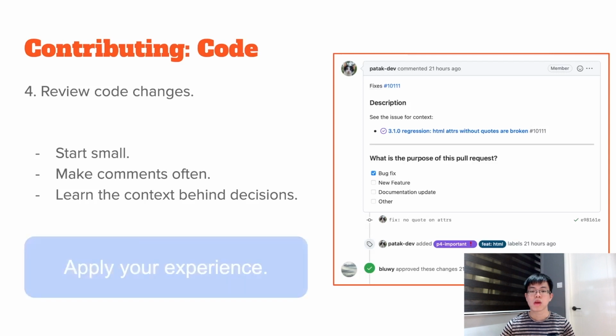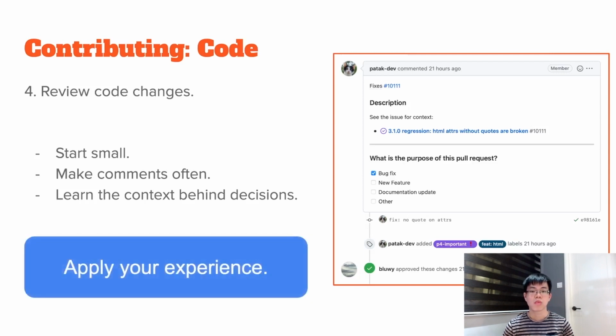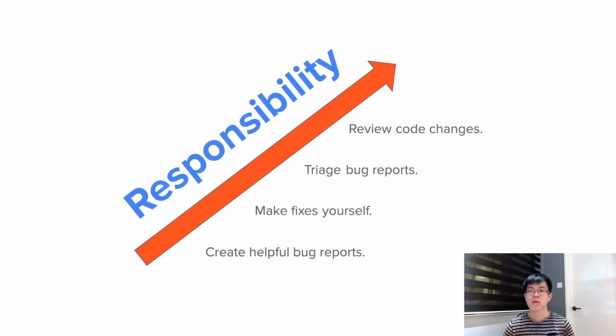And ultimately, from the previous points, you're actually applying your experience when you review PRs. So from triaging issues, making issues, or just making a fix, these are all helpful in ultimately reviewing the PRs, that is code that's going into the main project. So to summarize the code contribution point of view, you can see that further along, the responsibilities start to rise.